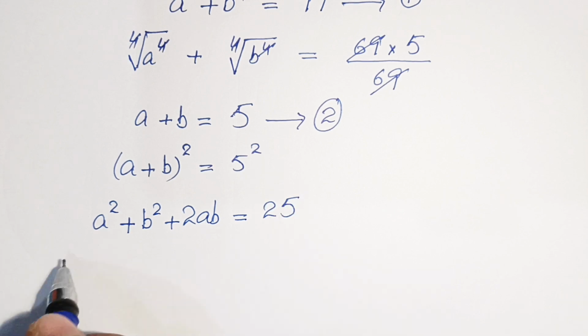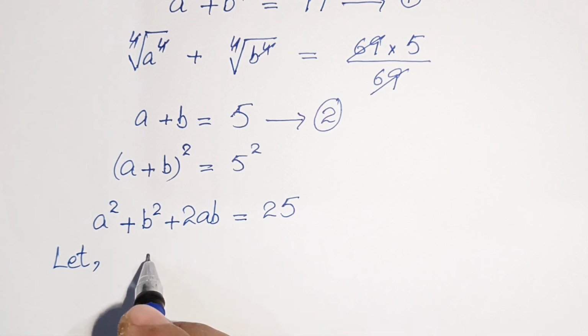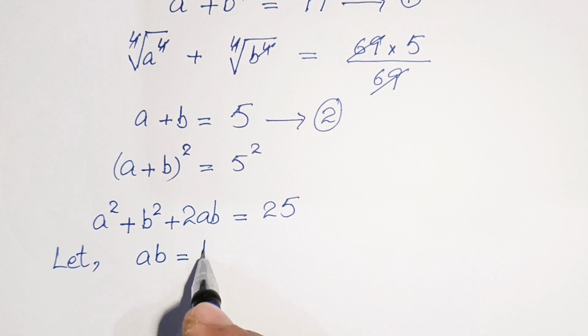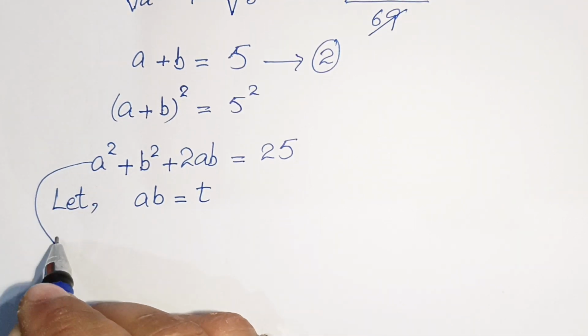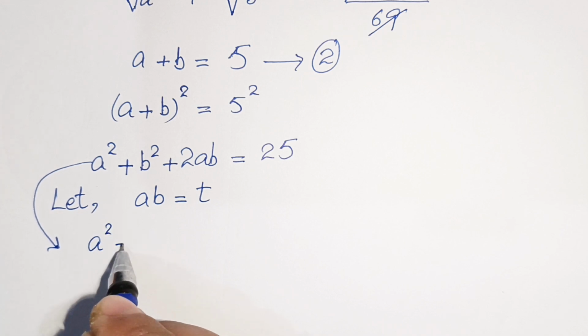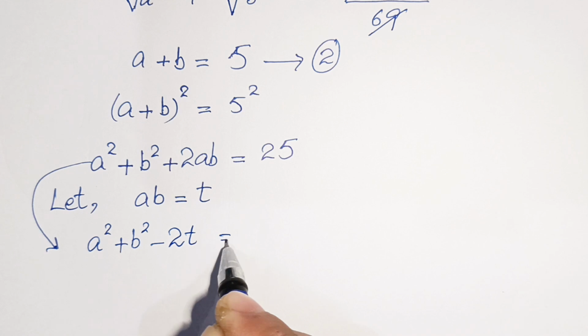Now let us consider ab equal to t. So this step becomes a squared plus b squared plus 2t is equal to 25.